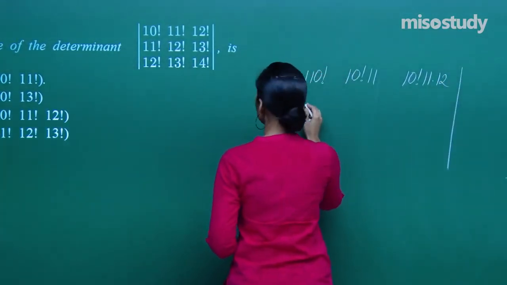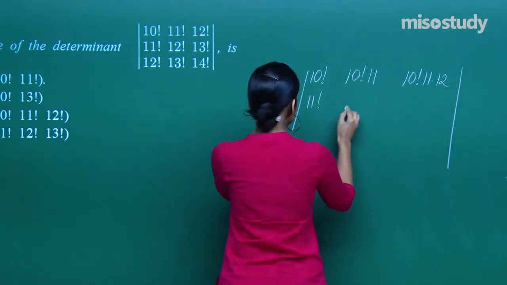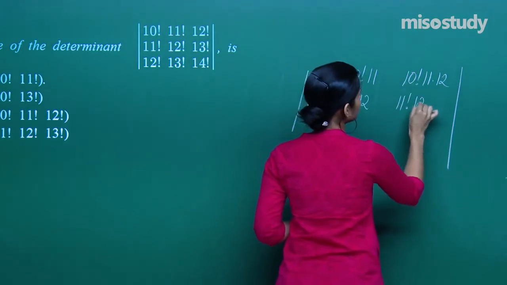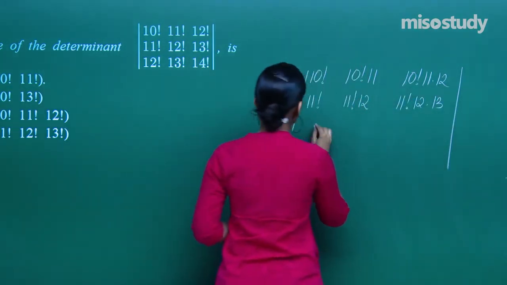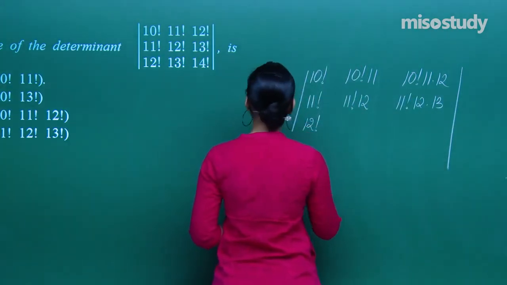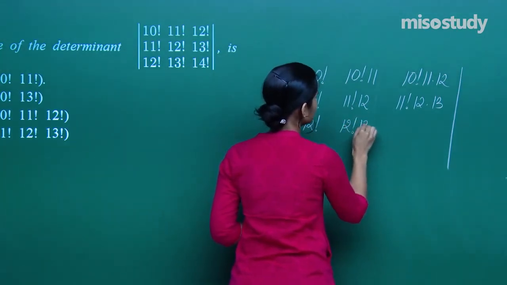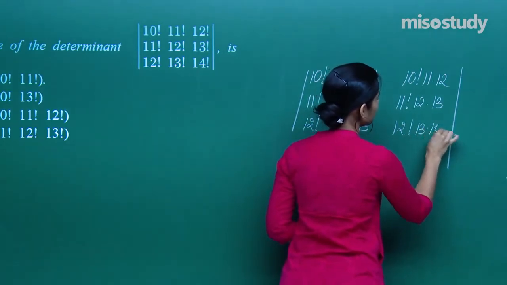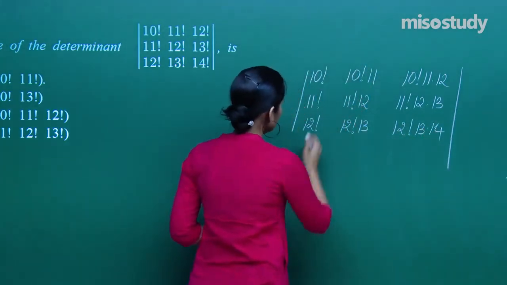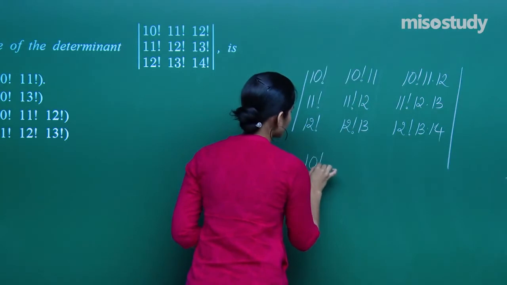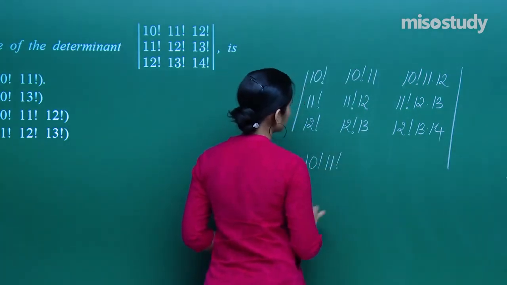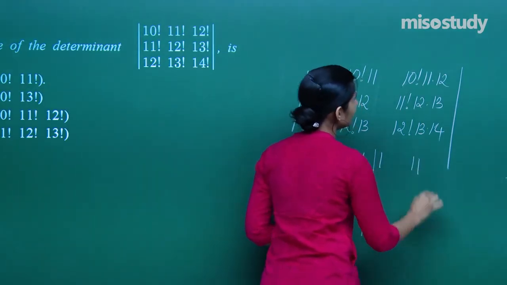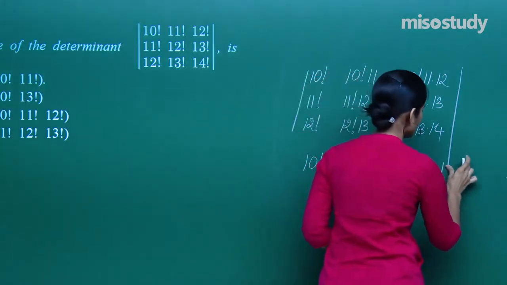Then again 11 factorial, 11 factorial into 12, 11 factorial into 12 into 13. Then it is 12 factorial, 12 factorial into 13, and 12 factorial into 13 into 14. From the first row 10 factorial out, from the second row 11 factorial out, from the third row 12 factorial out. I am left with 1, 11, 11 into 12.